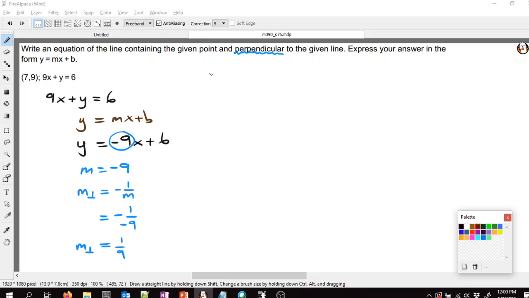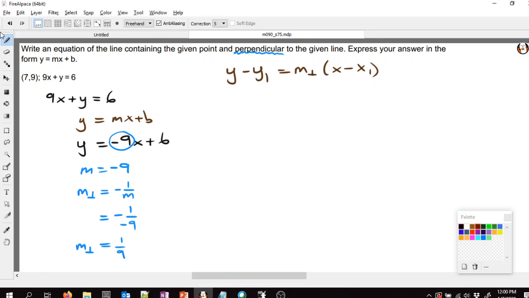Now, putting this in point slope form, y minus y1 is equal to this perpendicular slope times x minus x1, where this is my x coordinate, this is my y coordinate.